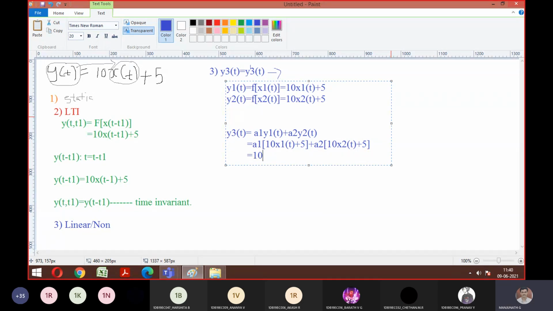You can take constant 10 a1 x1 of t plus 5 a1, plus 10 a2 x2 of t plus 5 a2. Am I clear with the first answer, everyone?